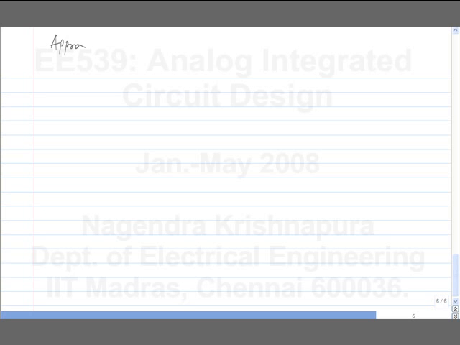Let me rewrite that. And the current is I0 plus I1, which is basically some K1, which depends on the current density, times Gm1 plus K2 times Gm11.